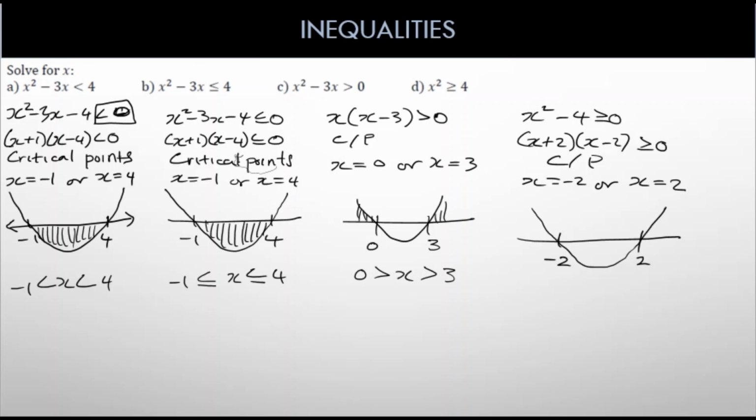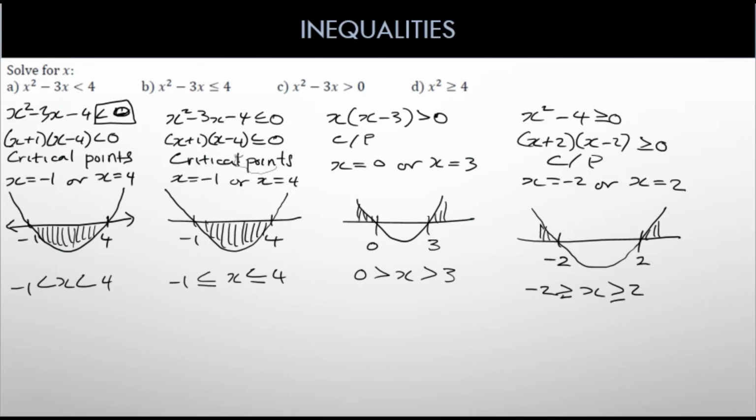And because our inequality is greater than, we're going to go above our number line, and our inequality is going to follow the greater than sign. So here is greater than, and we put x, and then now our critical points, and then because there's an or equal to, we put the or equal to.